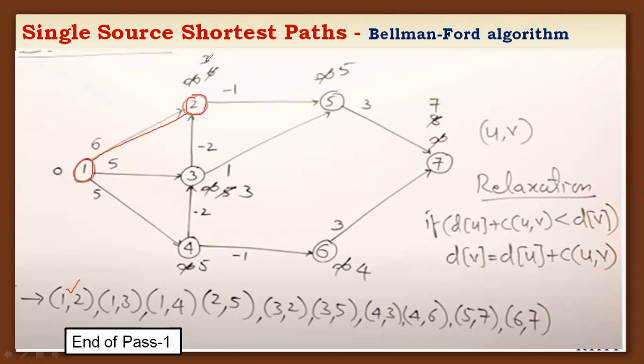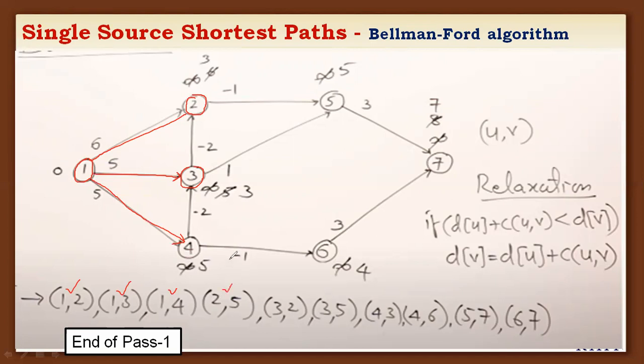Compare 6 with 3. 3 is smaller, so no change occurs. Next, the edge 1 to 3: the total cost is 0 plus 5, but the current cost is 3. Compare 5 with 3, 3 is minimum, so there is no change. 1 to 4: 0 plus 5, compare 5 with 5, both are equal, so no change occurs.